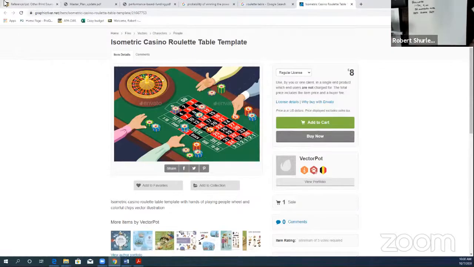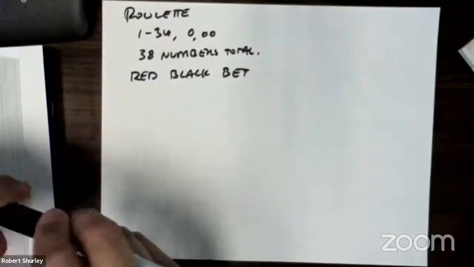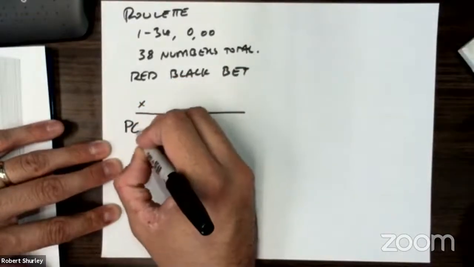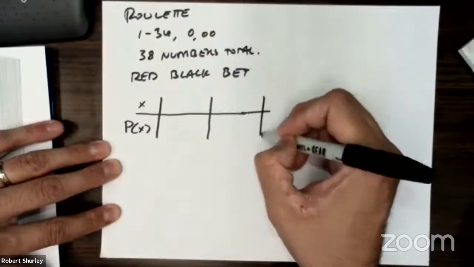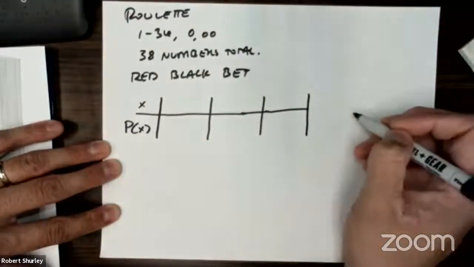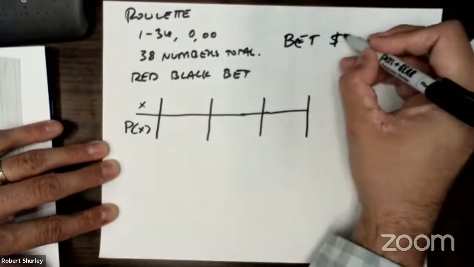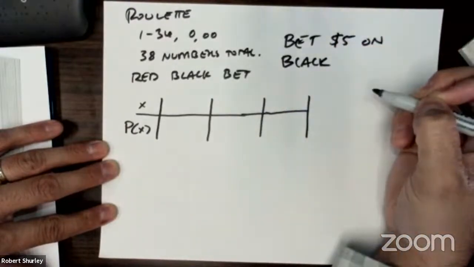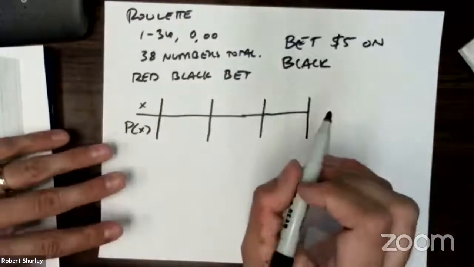So I'm gonna go back to my camera, the document camera. We've got the red black bet, and here we have to look at the outcomes. So if we look at X, probability of bet, and let's bet $5 on black. There are three things that can happen on that roulette table if you're looking at colors.